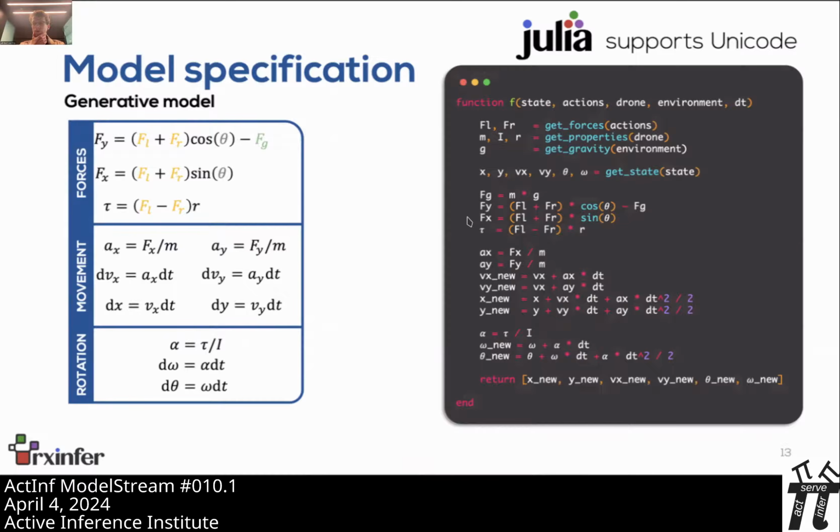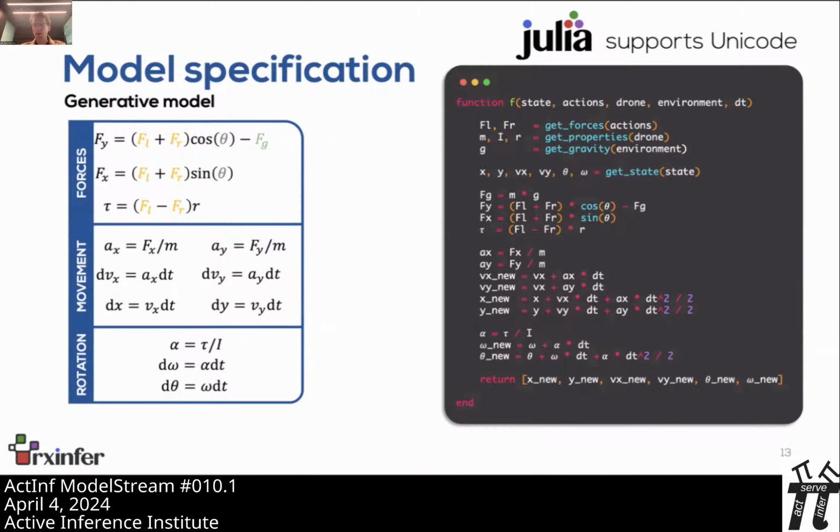So it's the sum of the forces multiplied with the cosine or sine of the angle, and for the y force, the net y force, we also subtract the gravity, because there it has an influence. And for the net torque, we do similar. So we take the difference between the force generated by the left and right rotor and multiply that with the radius in order to get our torque.